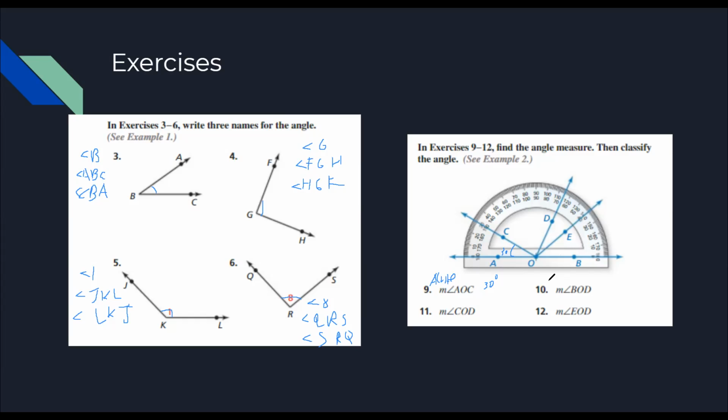And for number 10, angle BOD is right here. And that's between 115 and 180. So that'll be 65 degrees. And that's still an acute angle.